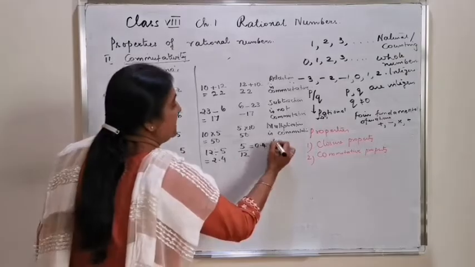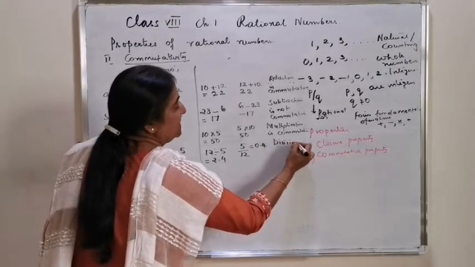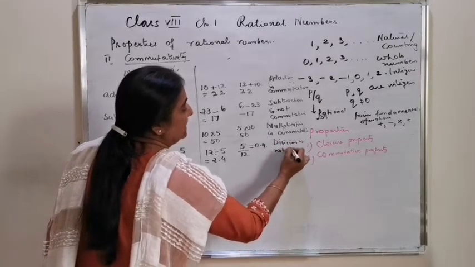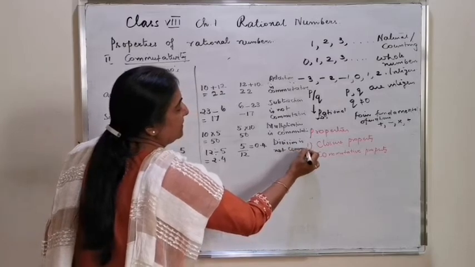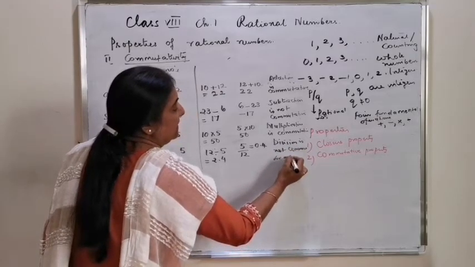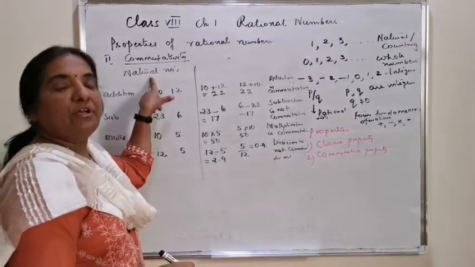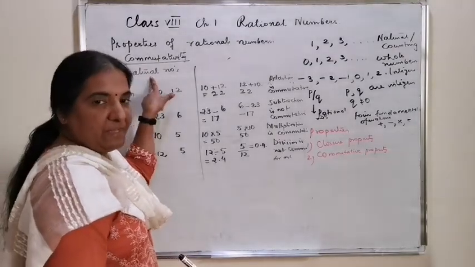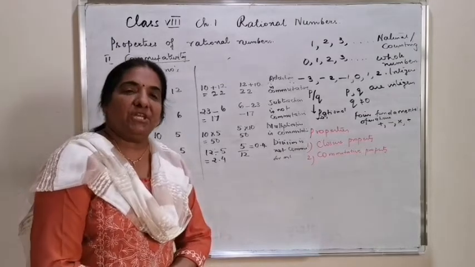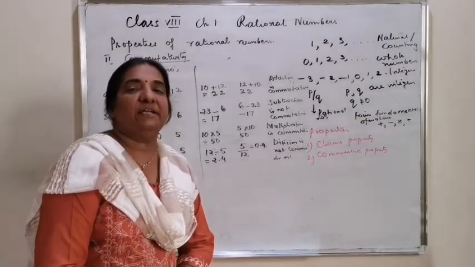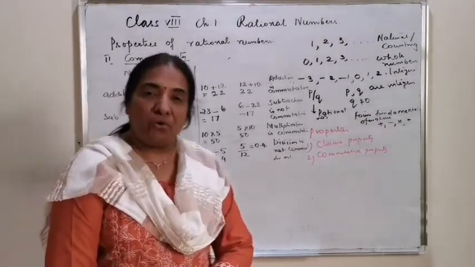That is, division is not commutative for natural numbers. That is, we are defining this for the set of natural numbers. Similarly, by including 0, you can verify the rules for whole numbers.